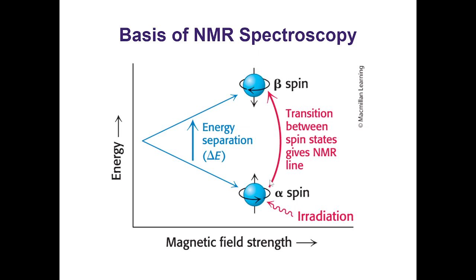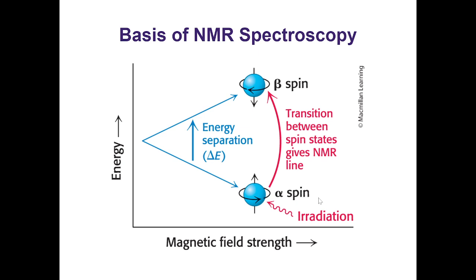When they come back down to the lower energy spin state, that's going to re-emit energy, and that energy will be a very consistent electromagnetic frequency, corresponding to this energy gap. And this actually tells us how much of an energy gap it takes to do that, which is what we're seeing in NMR.